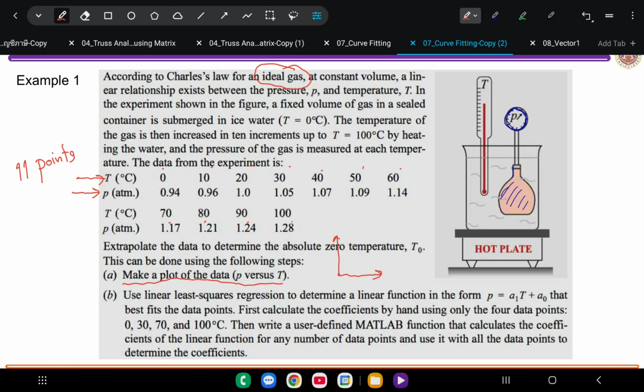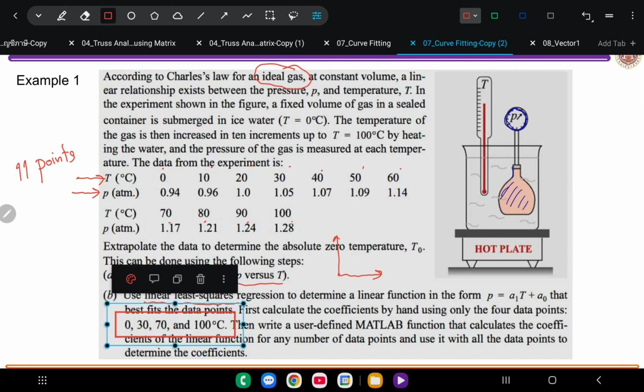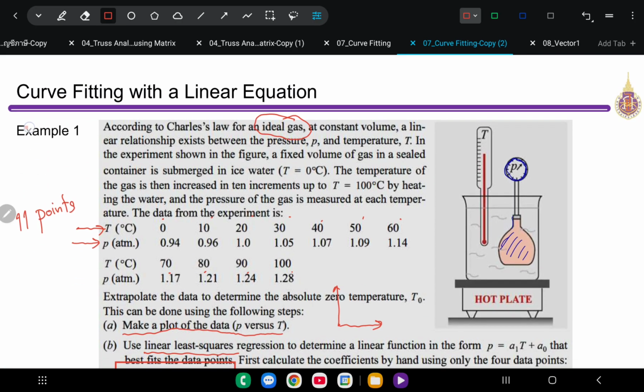In problem B, they ask us to determine the linear least squares fit using only 4 temperatures: 0, 30, 70, and 100.